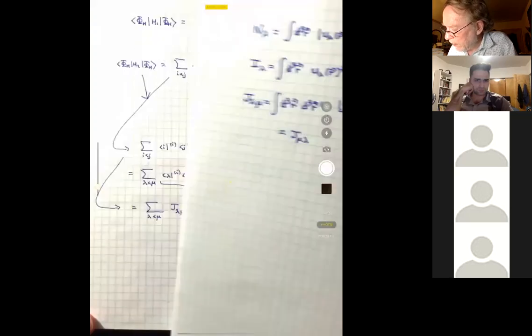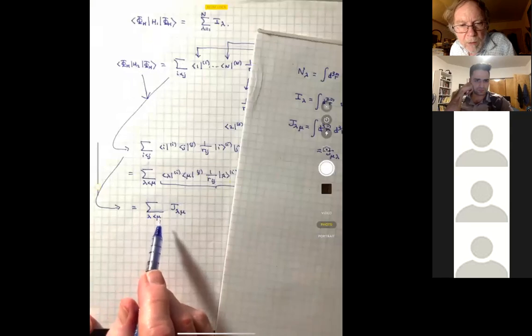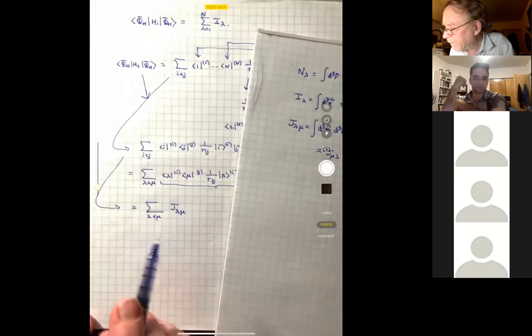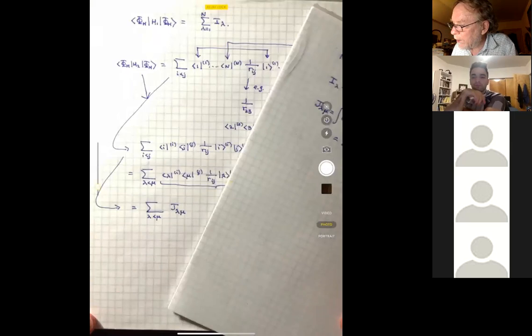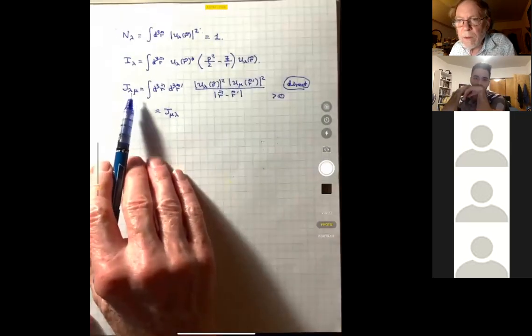By the way, the contribution to the energy functional only involves pairs of distinct orbitals. We don't sum on lambda equals mu, but you might wonder what the value of J is if we set lambda equals mu.